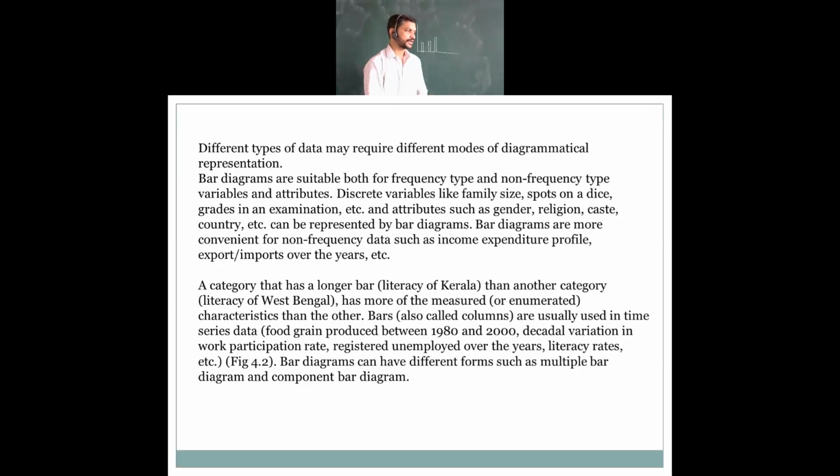The literacy rate in Kerala, then the literacy rate of West Bengal, has more of the enumerated categories than the others. Most of the time, the highest literacy rate in our nation, as we discussed in previous sessions, is Kerala. Most of the people are graduates there, so the literacy rate is high, and we will see the same information in the next slide.